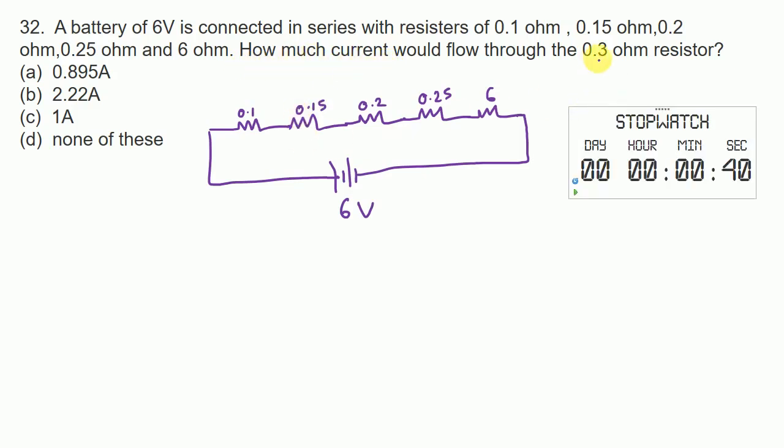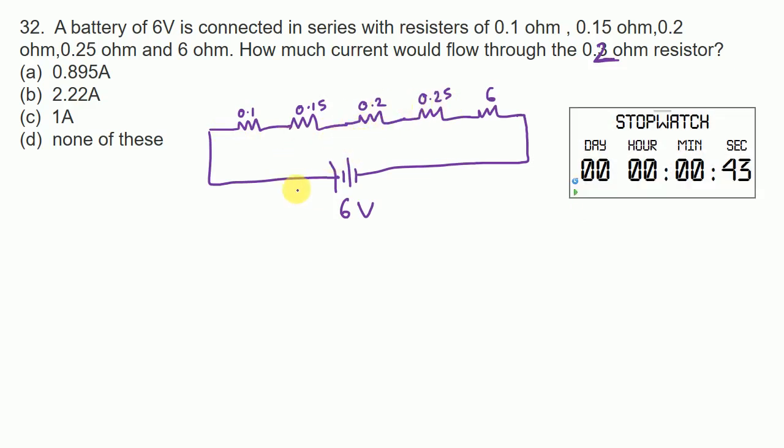So the question may be either 0.2 or 0.25, whatever, because there is no 0.3 ohm, so obviously we will take 0.2. Okay, 0.2. And because all the resistances are in series, the same current will flow through all.